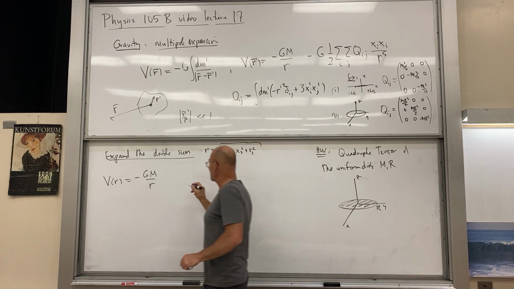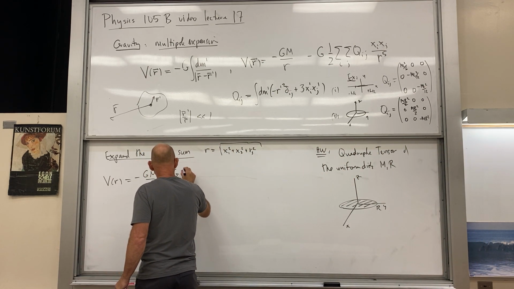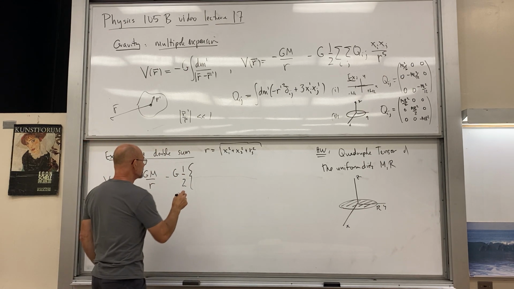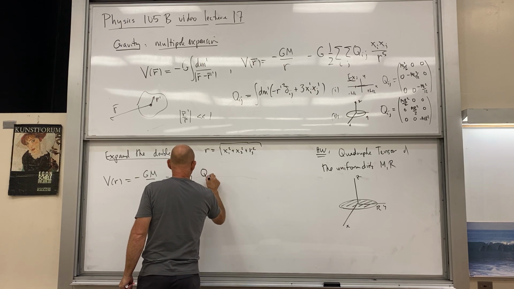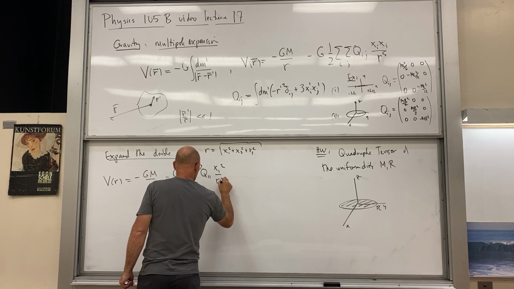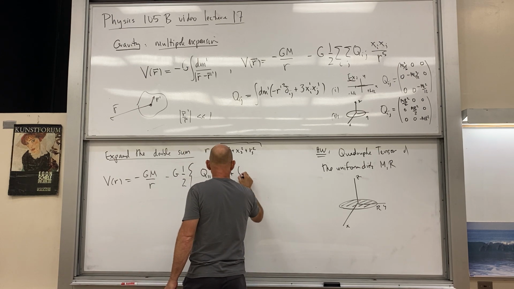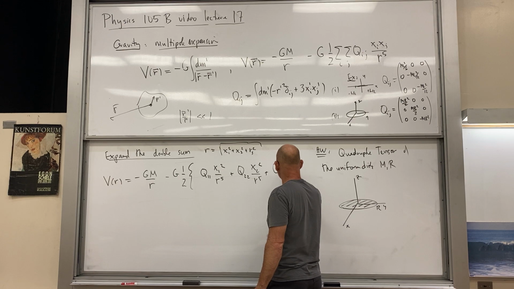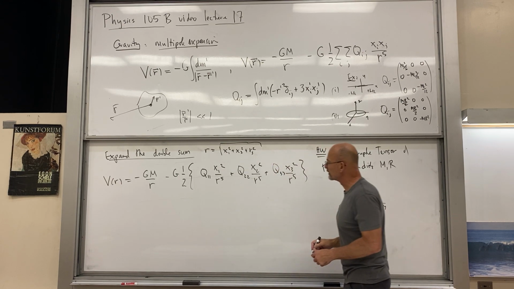So we have minus G over 2, and then we're going to have Q11 x1 squared over R to the 5th plus Q22 x2 squared over R to the 5th plus Q33 x3 squared over R to the 5th. Okay, that's not so bad.